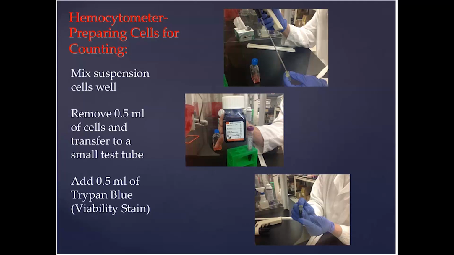The next step is to add 0.5 ml, or an equal volume, of a stain that we call trypan blue. It's a viability stain. And the thing about trypan blue is that if you have any dead cells that are part of the culture, they will stain blue. They take up the stain and they will appear blue under the microscope, whereas viable cells that are not dead will not take up the blue, and so they will appear colorless or clear.